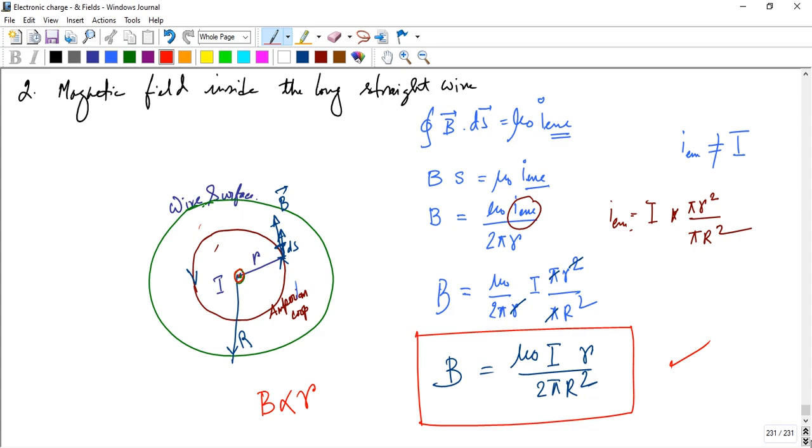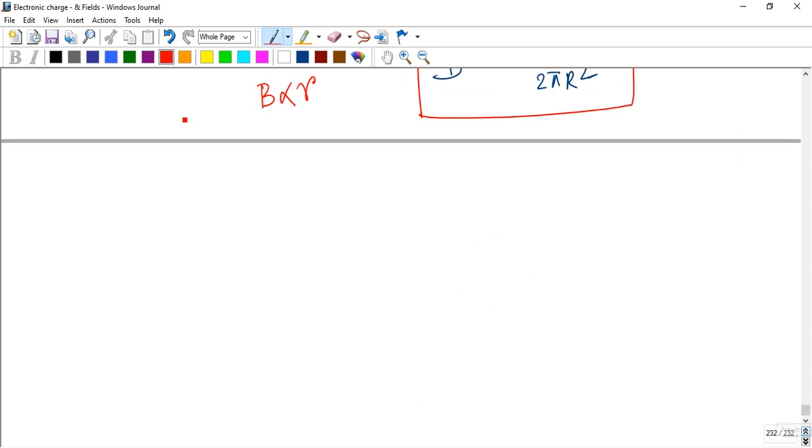Now draw a basic graph to analyze this with the help of the graph. So B, and here is r. At the point where small r equals capital R, capital R is the radius of the conductor.